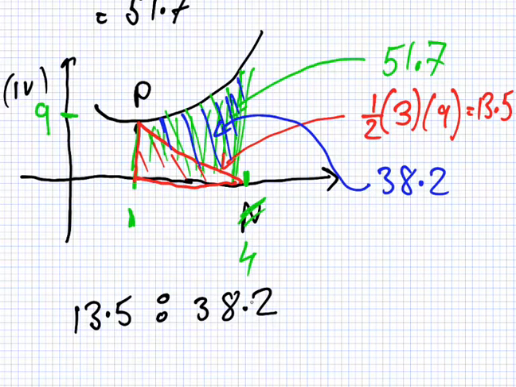Divide by 13.5, so you get 1 to 2.85. Not quite what they have here. Hang on, let me type that in again. 38.2 divided by 13.5. Oh yeah, 2.83, which is what they have. Perfect. So that's the answer there.